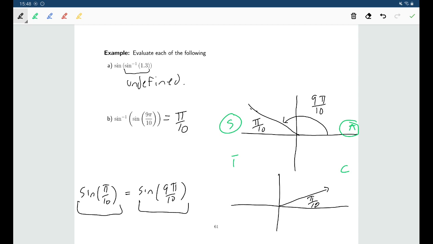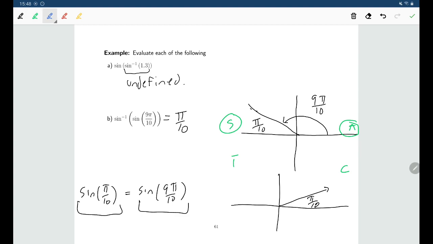So we'll have to ask ourselves, in this case, the angle was 9 pi over 10. What's the reference angle for that? And where else do we have that reference angle in our restricted domain that would give sine the same output as 9 pi over 10?